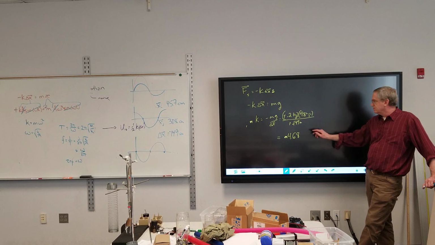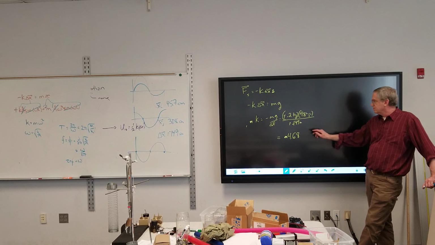What'd you get, Margaret? 6.58. That seems a bit excessive. 100 gram, right? So that's 0.1 kilograms? Yeah. That's what I did. So we have k. k is not going to change unless we change some aspect of the spring, which we're not.